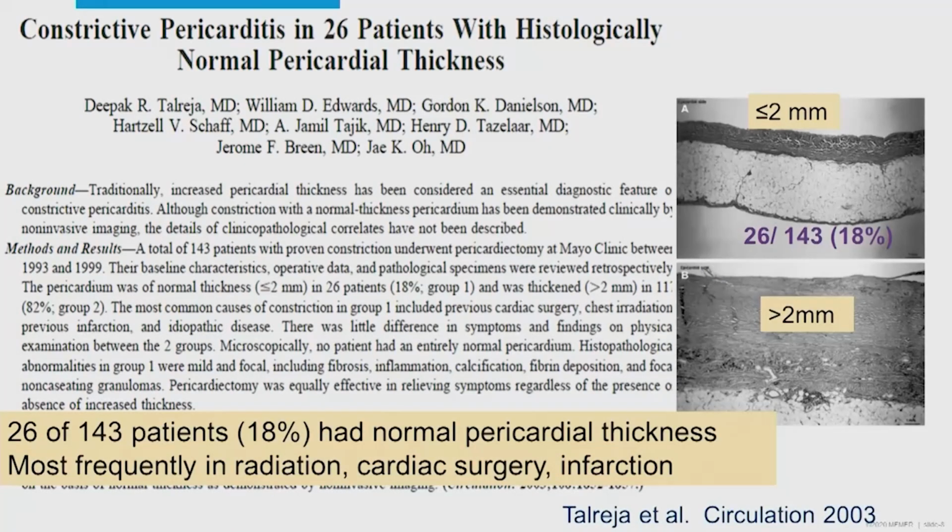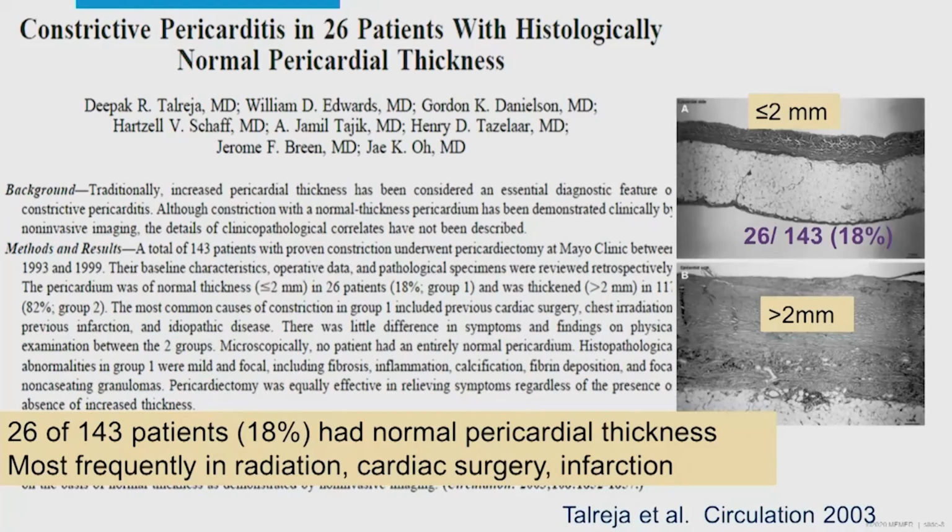Although we emphasize the increased pericardial thickness, I just want to remind you that normal pericardial thickness cannot exclude constrictive pericarditis. When we looked at our 143 patients with surgically proven constriction, and examined their surgical specimens under the microscope, 18% of them had a pericardial thickness of 2 millimeters or less, normal pericardial thickness, and 82% had a thickened pericardium.